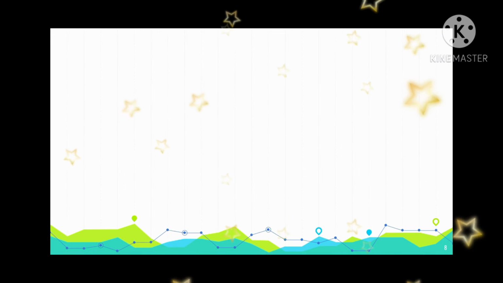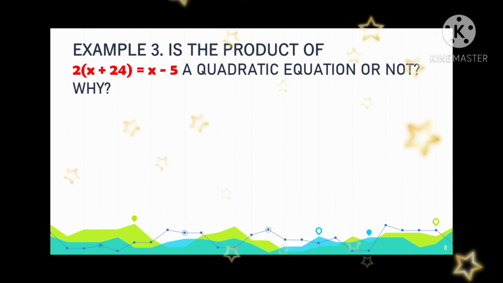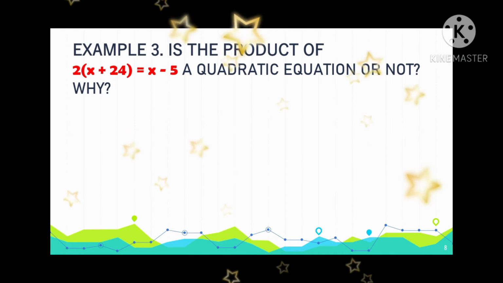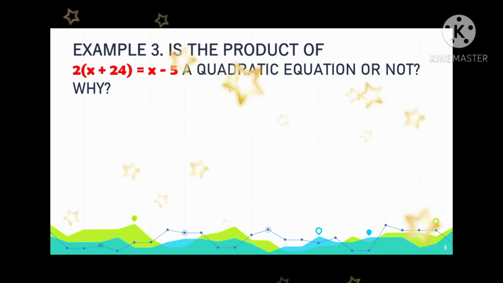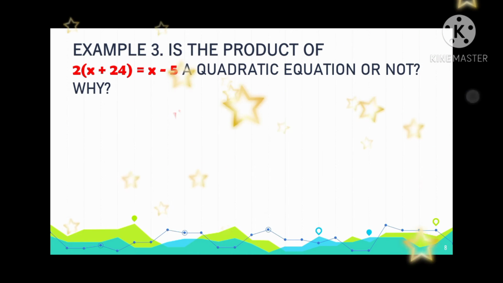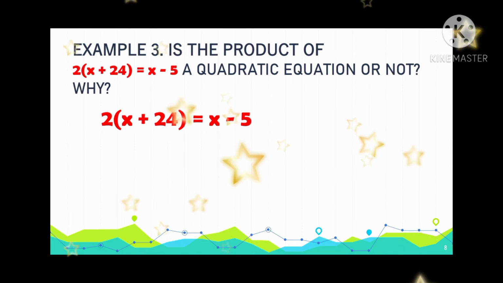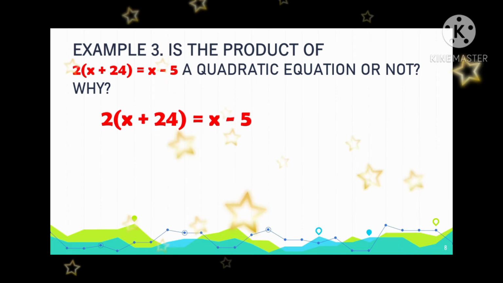We have, is the product of 2 quantity x plus 24 equals x minus 5 a quadratic equation or not, and why? So, again, the equation is 2 multiplied by x plus 24 equal to x minus 5.